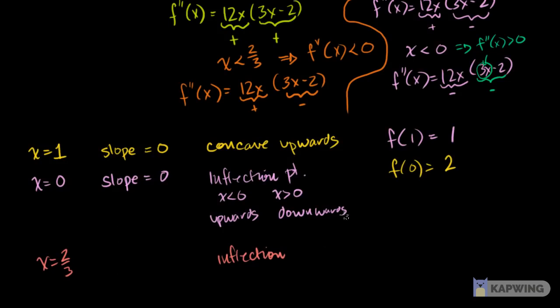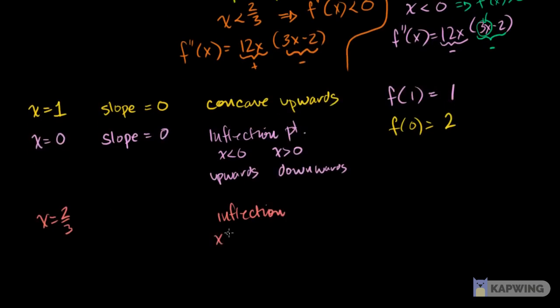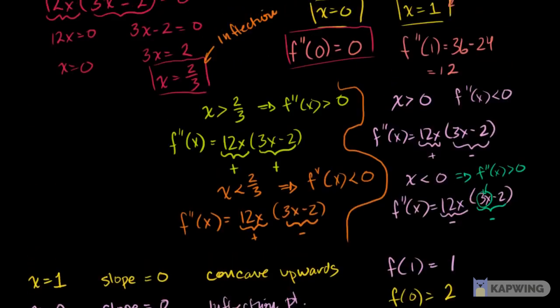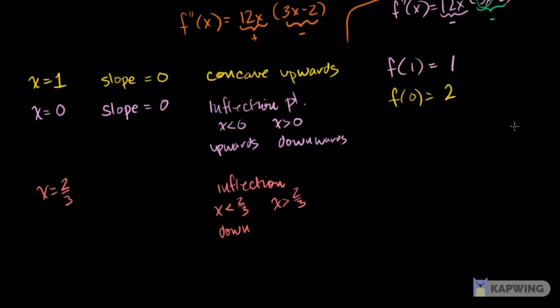And we know that when x is right less than 2/3, we are concave downwards. And when x is greater than 2/3, we saw it up here, we were concave upwards. The second derivative was positive.